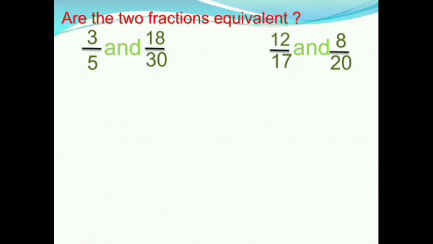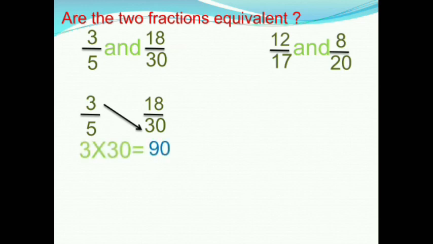Children, now we should verify if the two given fractions are equivalent or not. To do this, we should cross multiply the numerators and denominators. First we have 3 by 5 and 18 by 30. Here we should multiply 3 and 30. 3 multiplied by 30 is equal to 90.